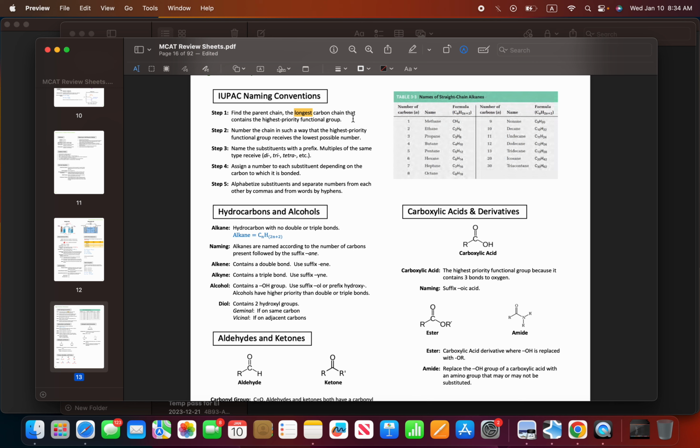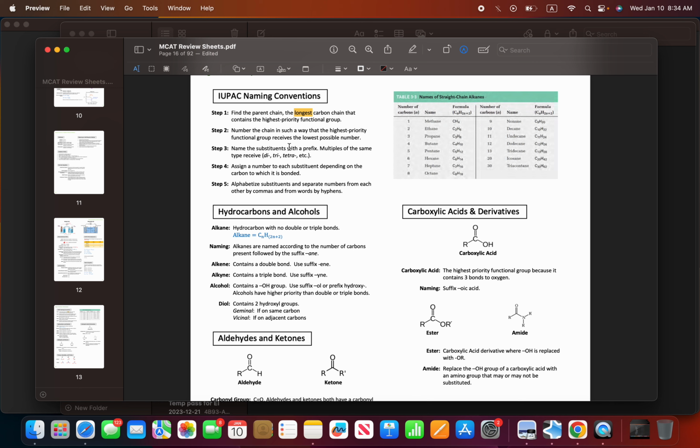Longest is important here. This is the key word. And then the second step would be to number the chain in such a way that the highest priority functional group receives the lowest possible number. So it means that you start from that.